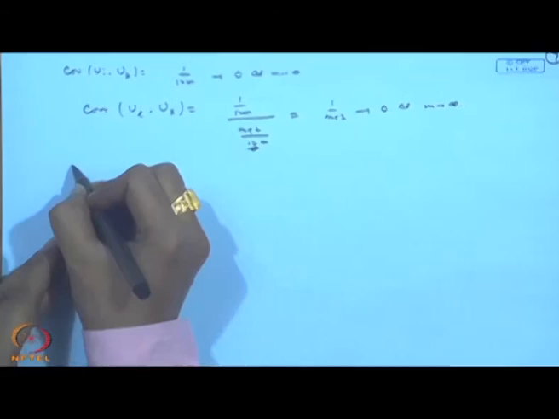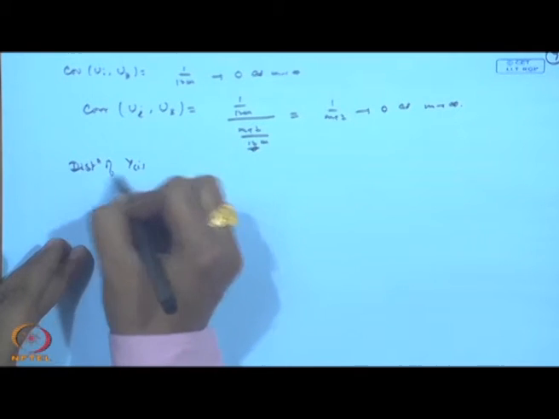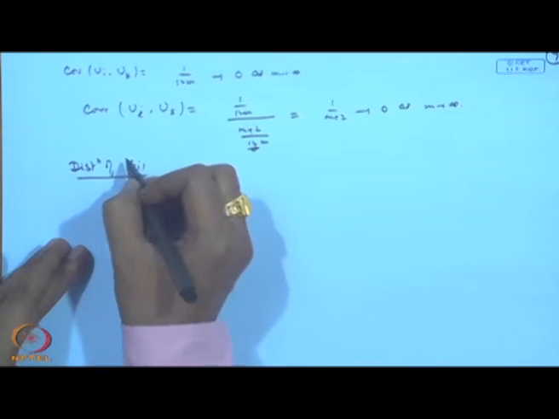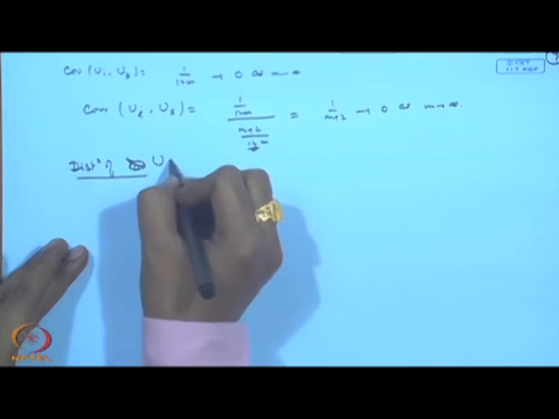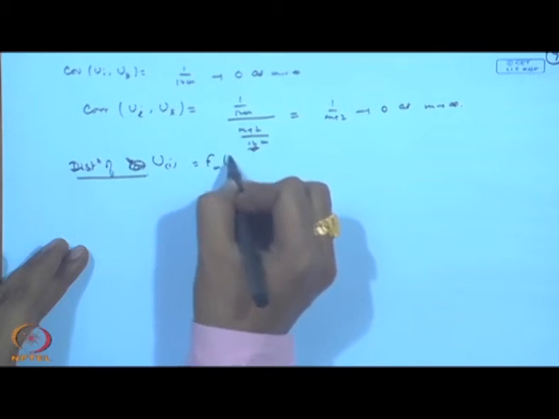Now, on the right hand side, in place of y_i values, if we consider ordered values, then what will happen? That is the distribution of y_i. So that means I consider u_i's. u_i's are actually f_m of y_i.